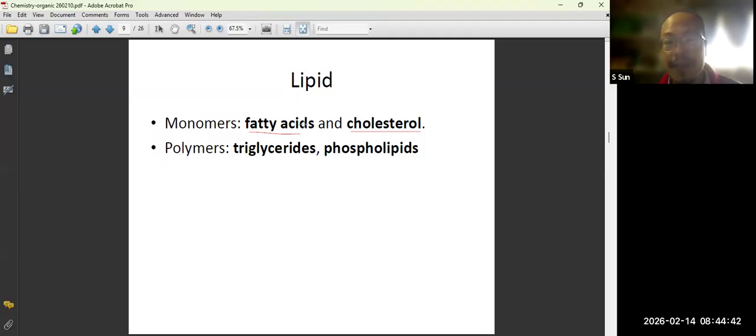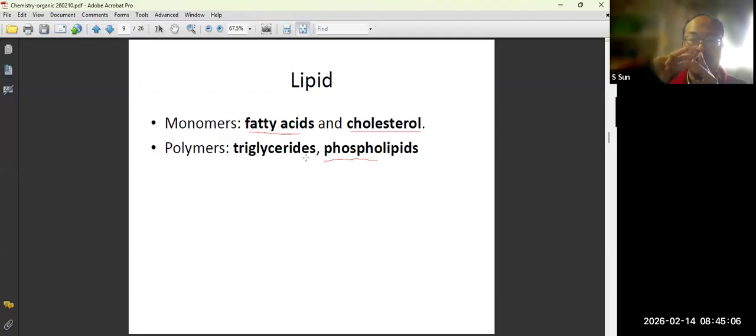You can have one fatty acid, that's one. If the molecule contains two fatty acids, we can get something like phospholipid. This one has two fatty acids, and they don't just put together. They bond with another molecule called glycerol. We will talk about that.